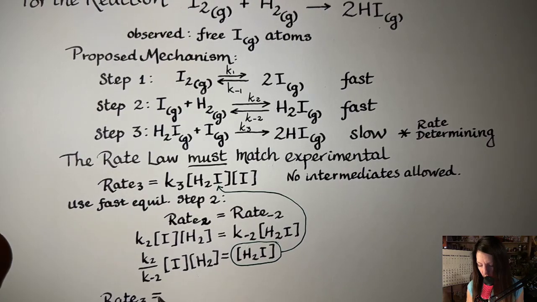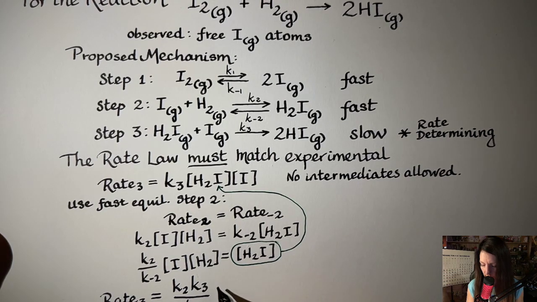Rate 3 equals, I'm going to put all the rate constants together at the front. Okay, so that's K2 and K3 in the numerator, K minus 2 in the denominator. It is convention to keep all the rate constants together at the beginning. All right, and this would be multiplied by I and H2.